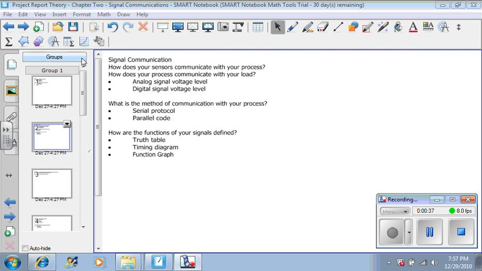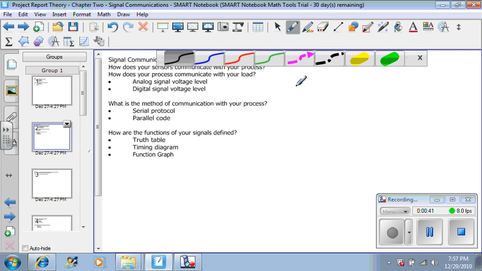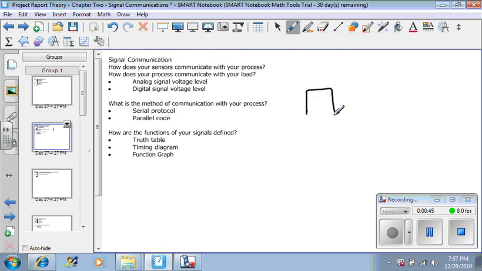Okay. As we said before, we have a component called a temperature sensor. I will just use temperature sensor as my example. And that temperature sensor has to communicate with my microcontroller.